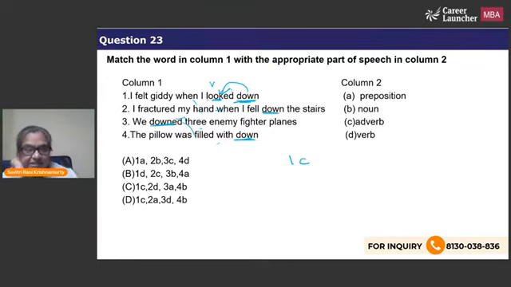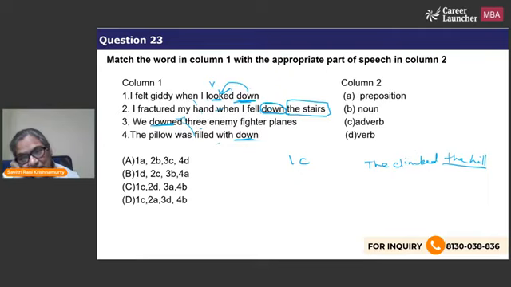Got it? Second, I fractured my hand when I fell down. Now, if I had just put fell down, it would be an adverb. Fell down from where? The steps. So if I say, I climbed up the hill, or I walked up the hill.